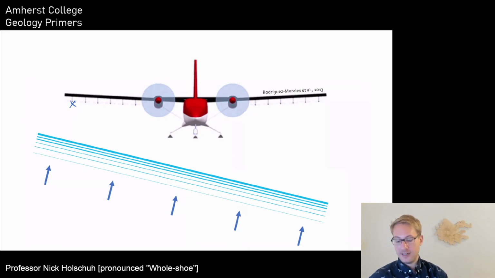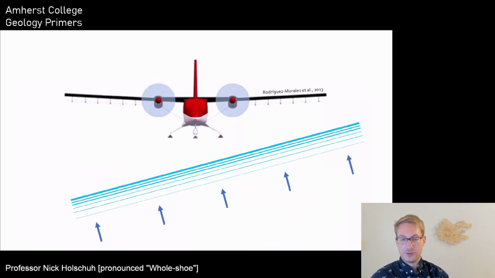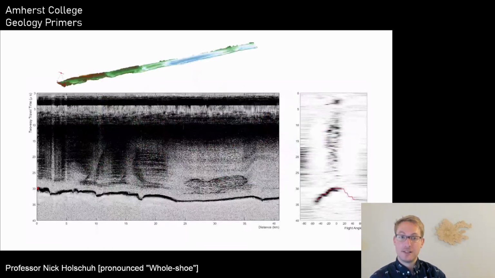If it's coming from the left, the reverse is true. It arrives first at the antenna on the far left wingtip, then the antenna on the far right wingtip. We can start to process radar data in a way that not only focuses in front and behind, but also discriminates, as I said, from the left or the right.